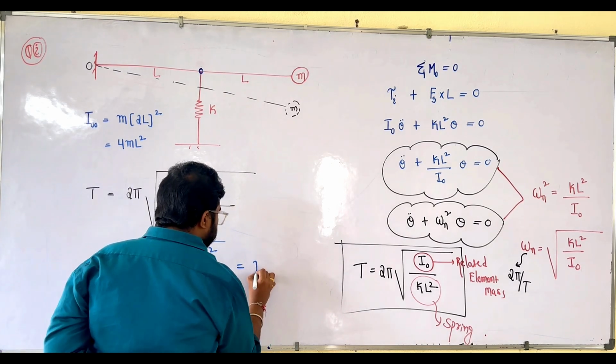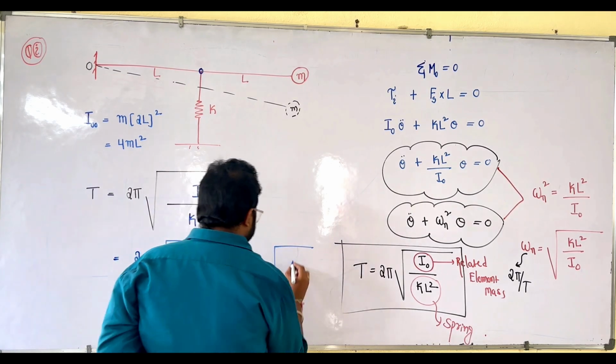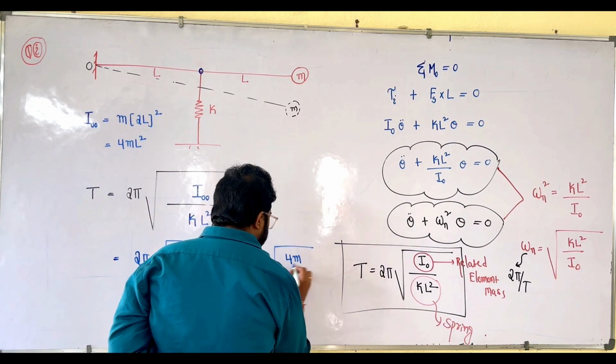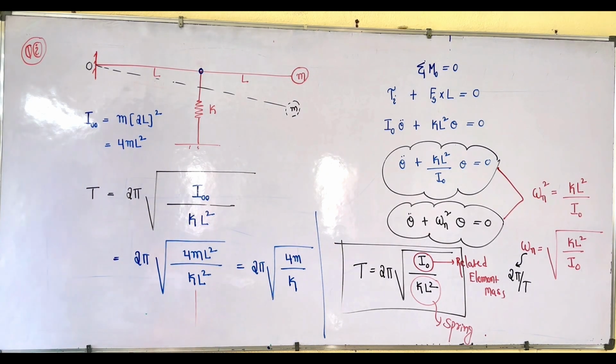Then the time period of oscillation is 2 pi square root of 4m by k. Clear or not?